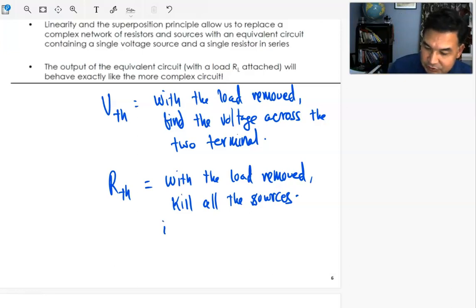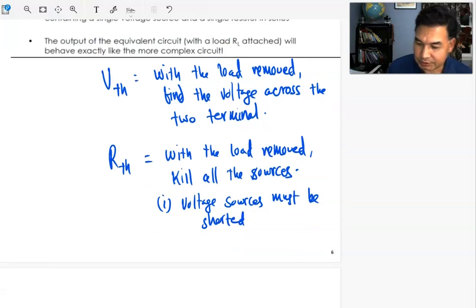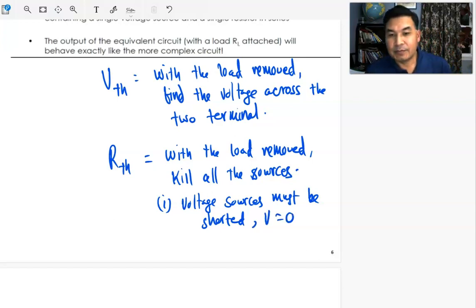If it is a voltage source, you have to short it. Just put a conductor across the voltage source so that the potential difference across it becomes zero. The only way to make the voltage zero is by putting a jumper wire, a conducting wire across the two terminals.